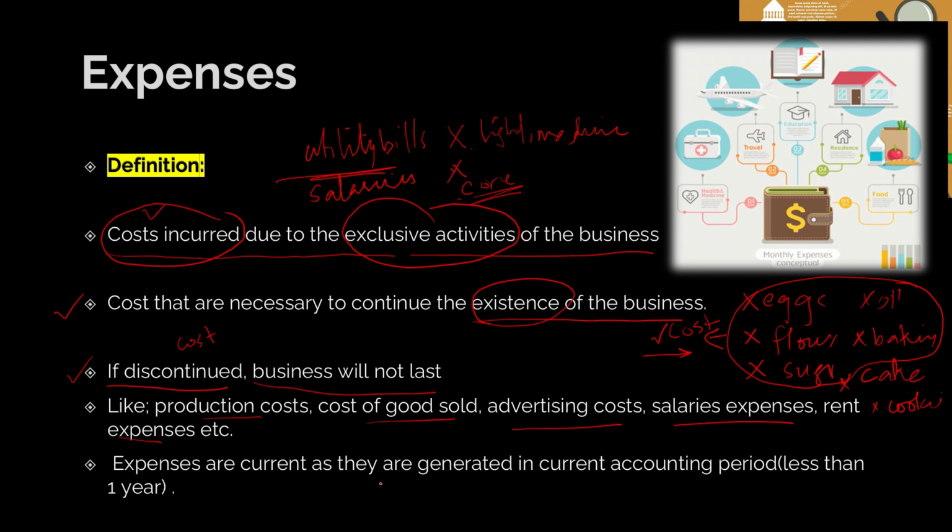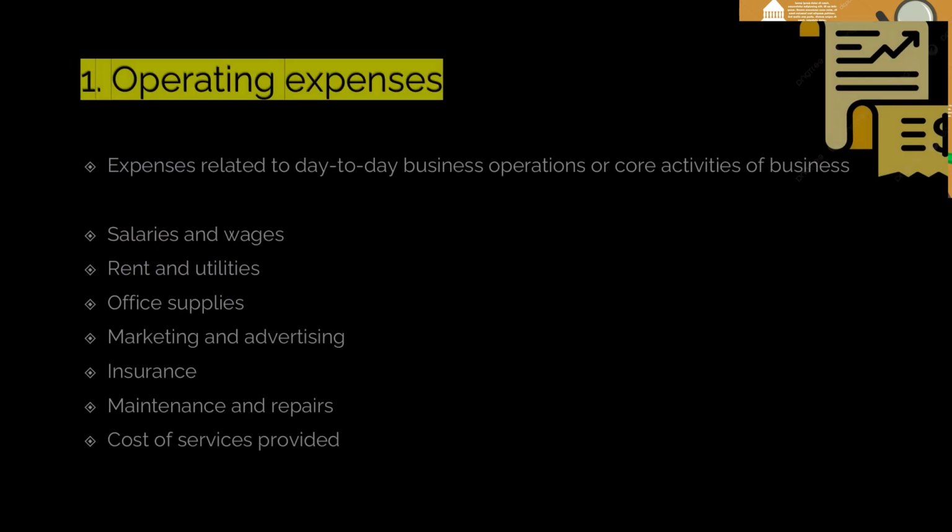Expenses are current as they are generated in the current accounting period, less than 1 year. So similarly, like revenue, expenses are also going to be paid in 1 year. For example, if you want to delay the expenses, you cannot delay them more than 1 year, so that's why they are current.